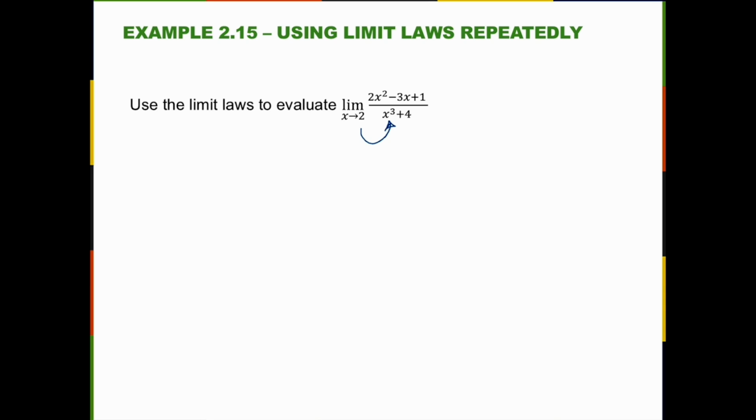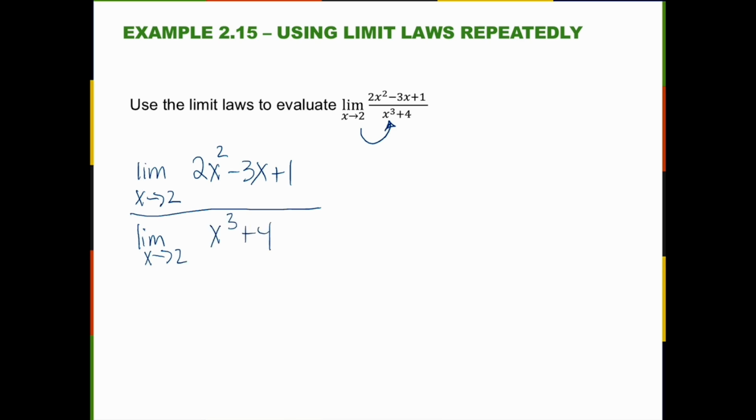So I'm going to break this entire rational function down. I'm going to be using all the limit laws. So first I'm going to use the quotient rule, and I'm going to divide the limit as x approaches 2 of the function 2x squared minus 3x plus 1, and I'm going to divide that by the limit as x approaches 2 of the function x to the third plus 4.